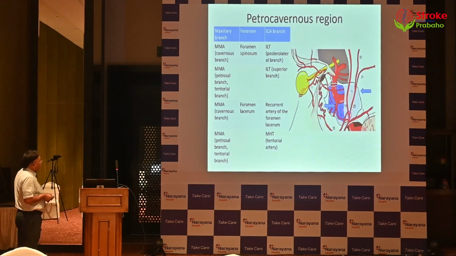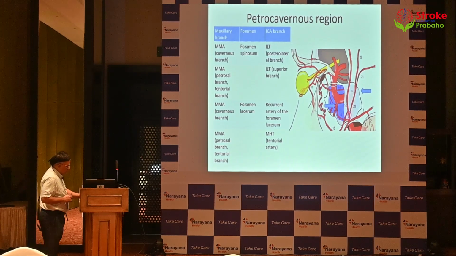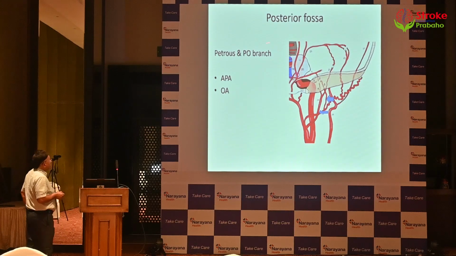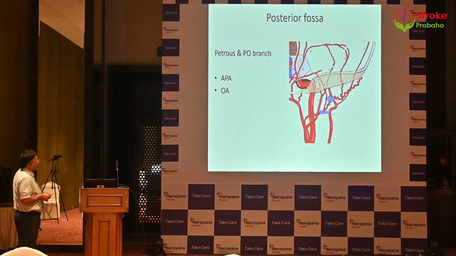Then this is the middle meningeal artery, petrocavernous segment, and it mainly communicates with the inferior lateral trunk, but it also has anastomosis with the meningo-hypophyseal trunk. Then the posterior fossa, the petrous and parieto-occipital branch.